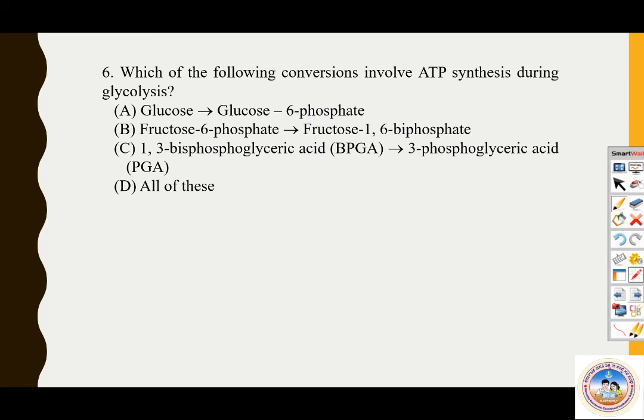What happened here? Here your ATP was synthesized, in the sixth question. So the third one, whatever is there, am I clear to the third option? It will come under your preparatory phase or payoff phase. Obviously, it is in your payoff phase. So the option is your C.